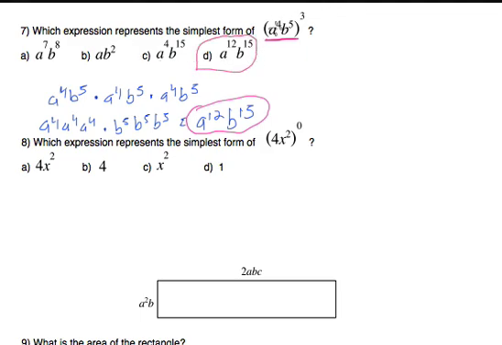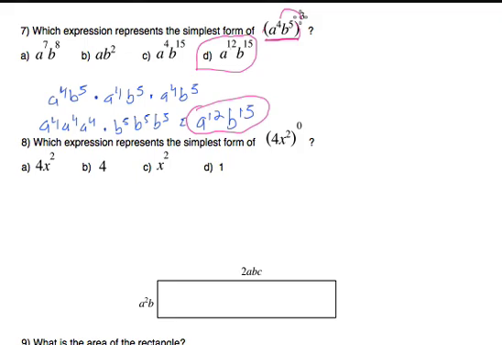However, when you raise multiple terms to the same power, when you raise everything in the parentheses, the power can be distributed to every term in the parentheses. So if you take the 3 and you distribute it here, a to the 4th times 3 is going to be a to the 12th.